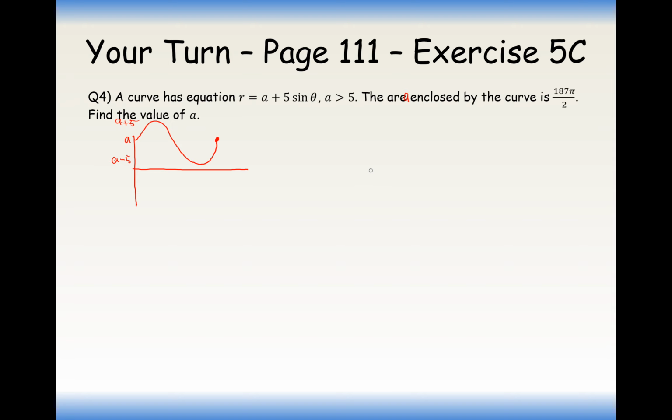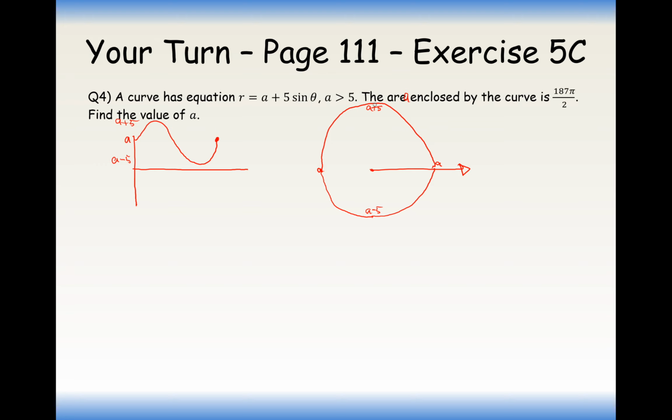So what will happen here on the diagram is it will start at a, then it will go out to a plus 5, a bigger value, back round to a down here. This would be a, this would be a, this will have a radius of a plus 5. And then we'll come down to a minus 5 down here. And then we'll come back round to a down here.